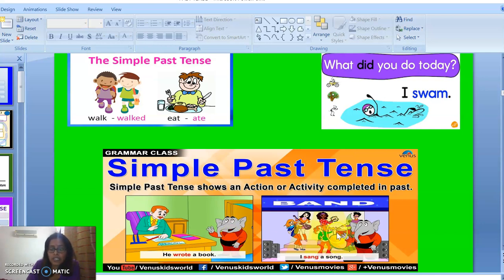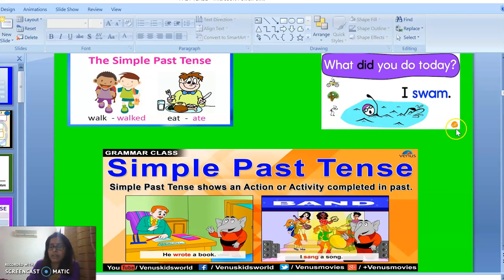Both these activities occurred or happened only in the past. And when you are talking about a completed action, you will always use verb 2 of the base form of the verb. Here also we have used sang, that is verb 2 of the base form of the verb sing.